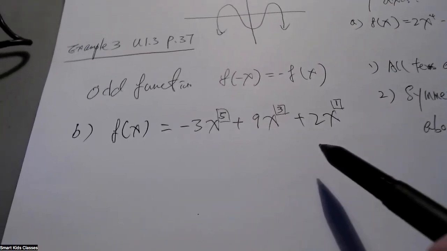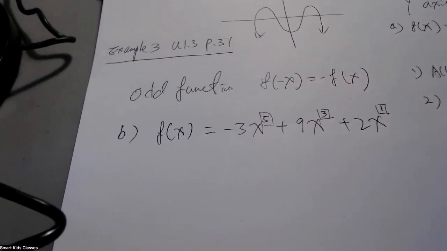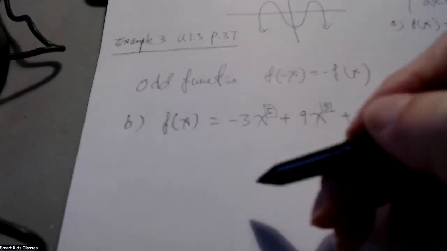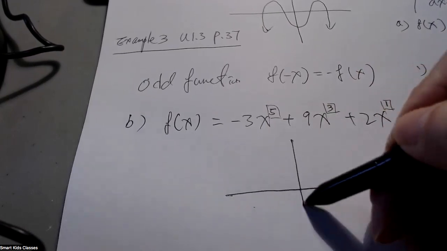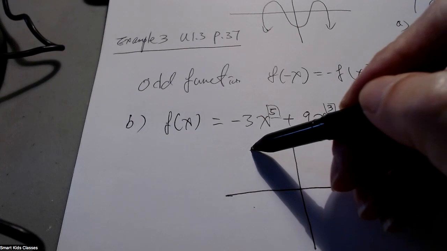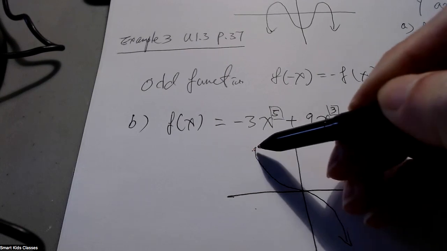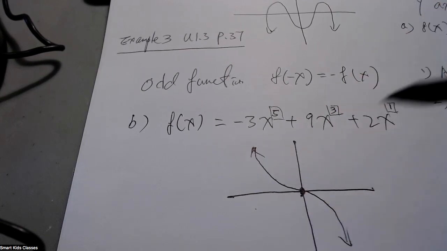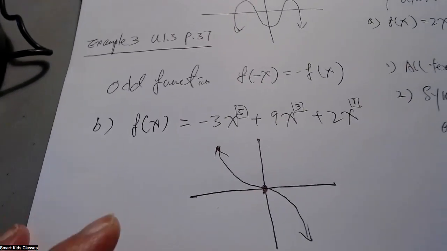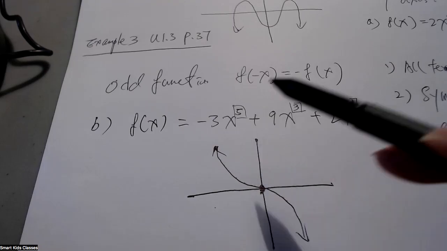So 100% it is an odd function. It will be symmetric about the origin. If you plot it, it will look like that. Symmetry here. You can draw as many curved lines as you like to make it symmetric, but the basic concept is like that. So it's an odd function.